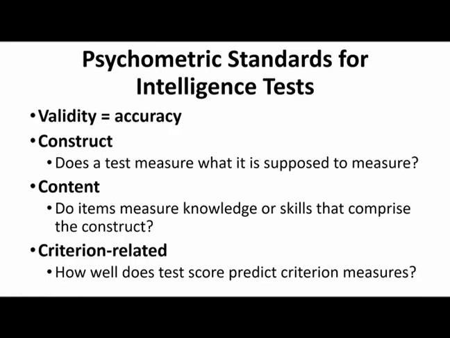Next, we can talk about the concept of validity. And we can talk about validity as basically meaning the accuracy of a test. So validity is going to refer to how well a test is actually measuring what it was designed to measure. So if you've designed an IQ test, if it is a valid test, then it's going to give you a good measure of IQ.